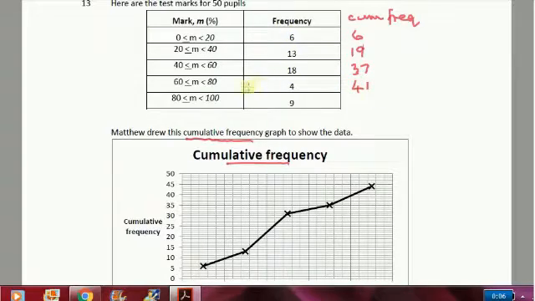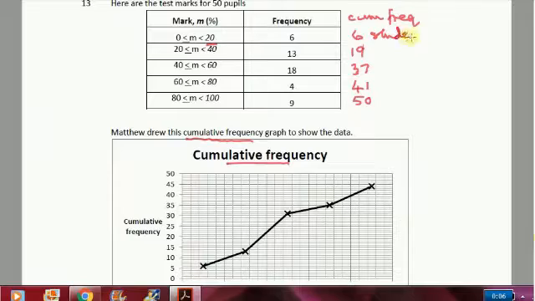And add up all the numbers for the last one, you'll get 50. There's 50 students in that group in total. What that means, when I say that there's 6 in that top one, is that 6 pupils scored less than 20.